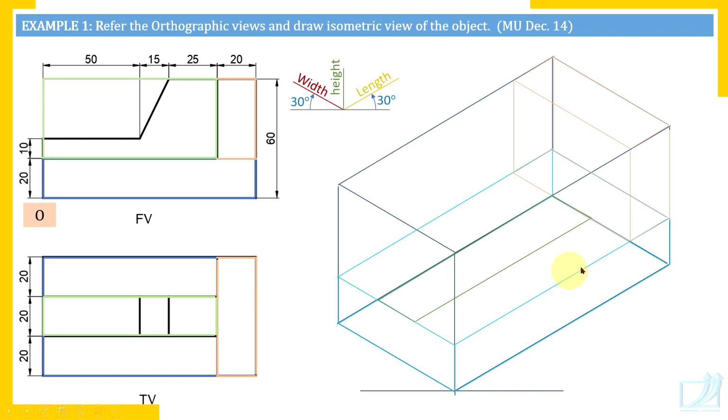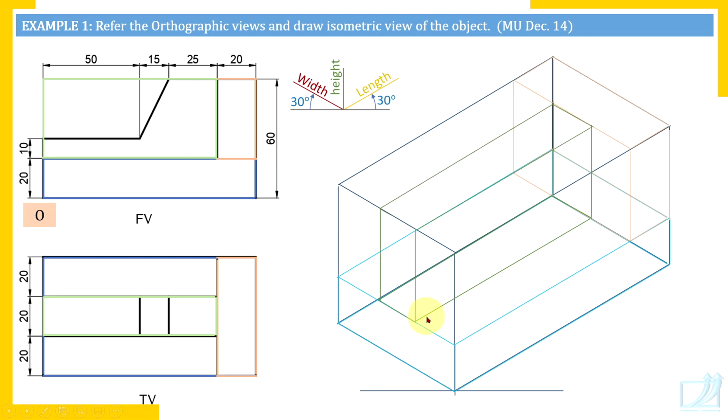And now from all these four corners, draw vertical edges. And what is the height of this plate? 40 millimeters. From the bottom of the plate to the top of the plate, what is the height of this plate? 40 millimeters. Actually, you need not measure 40 millimeters, just draw a vertical line. Set the roller with the very first vertical line. Set the roller with that line and draw vertical lines from all these four corners.